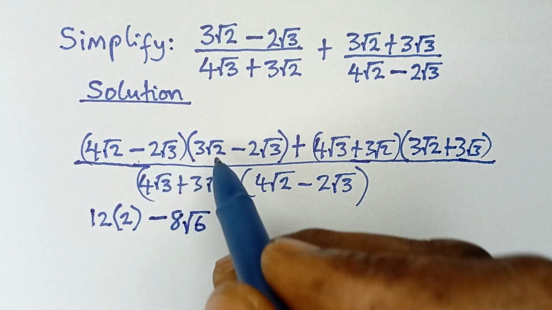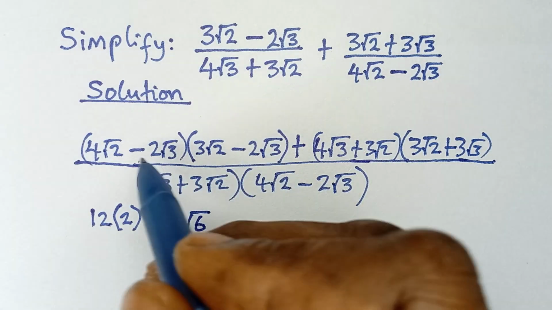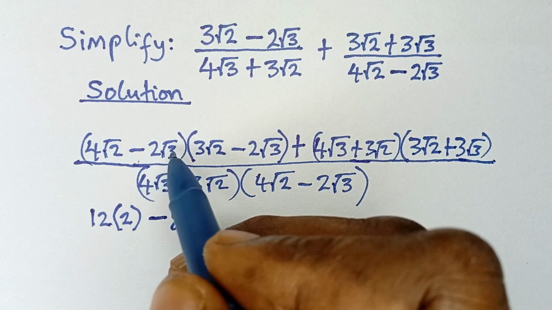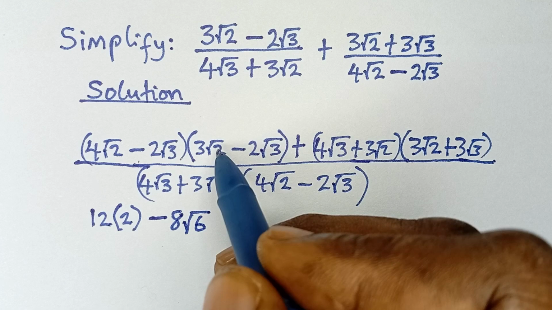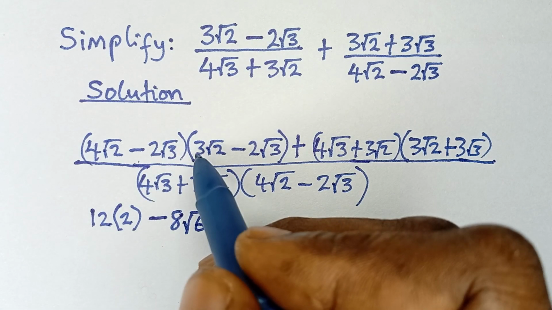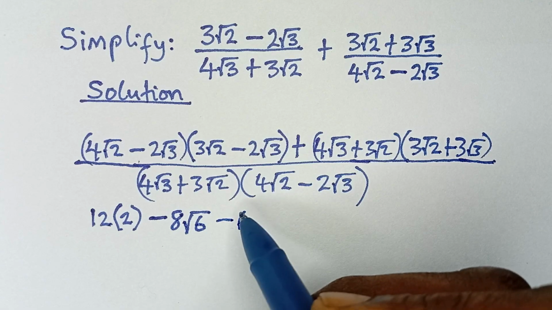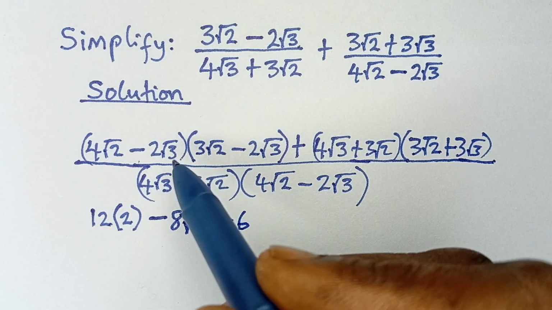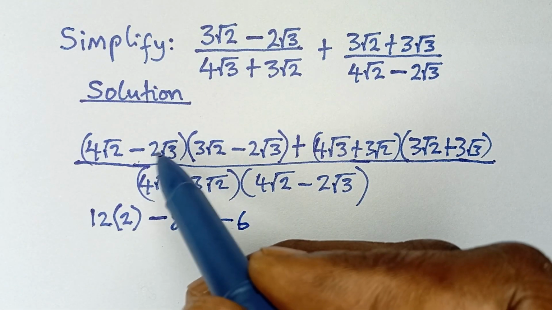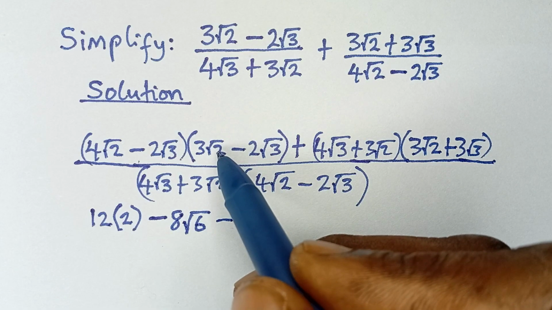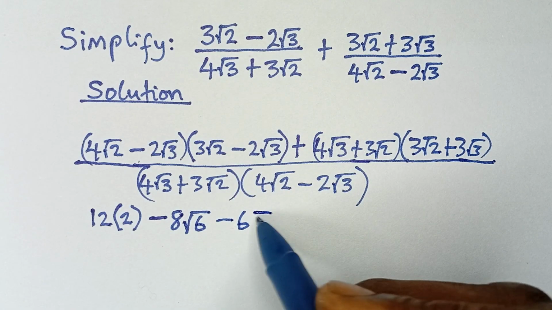And then this one now, we have used this to multiply the two terms inside this bracket. So we are now going to use this to also multiply the two terms in this bracket. So this negative 2 root 3 multiplied by 3 root 2, we have negative 2 multiplied by 3. That will give us negative 6. And then root 3 multiplied by root 2. That will give us root 6 as well.